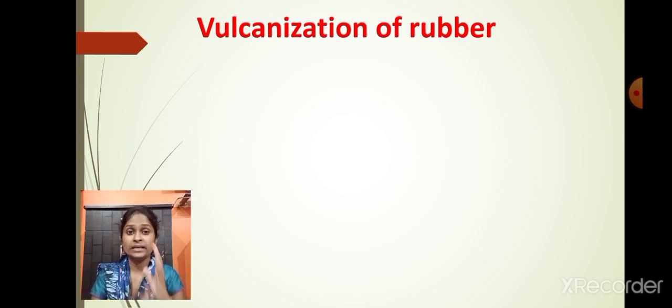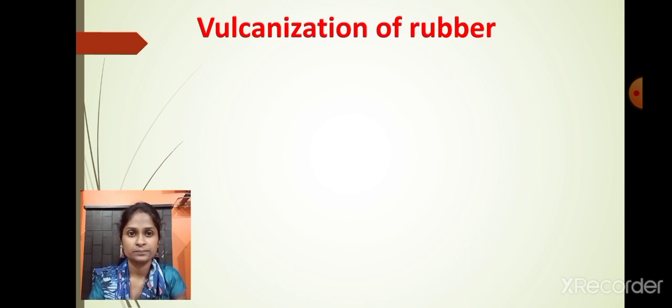So the next concept we are going to learn is the vulcanization of rubber. What do you mean by vulcanization of rubber? I guess you are hearing this word for the first time. Am I right? Vulcanization means what? Hardening of the rubber. Actually, rubber is more elastic.